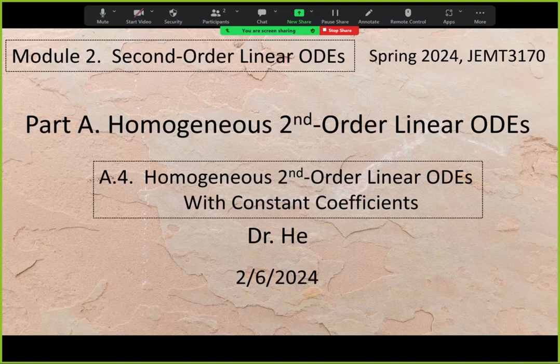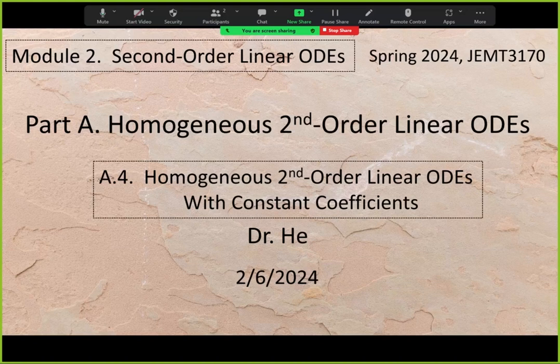8.4. Homogeneous second order linear ODEs with constant coefficients. This time, constant, we know that's the simplest possible second order linear ODE.